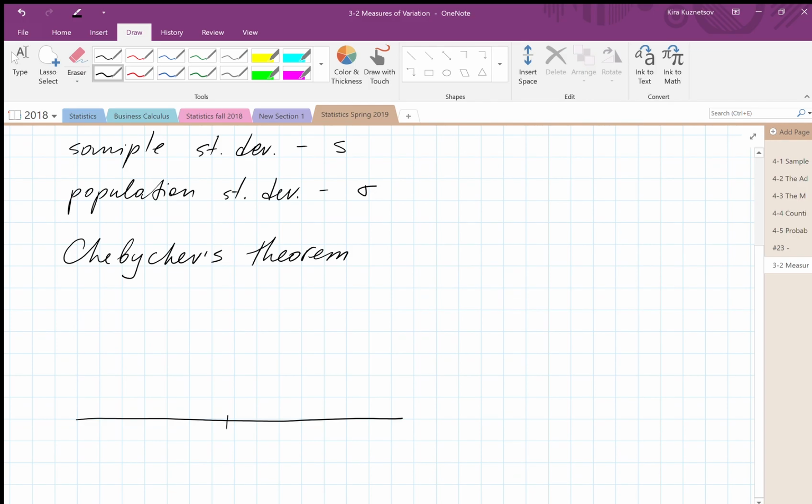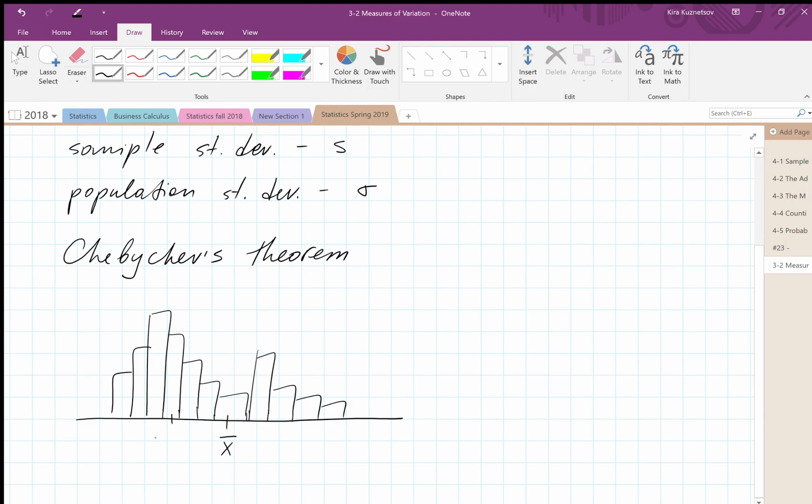This is an x-axis, and I have some kind of a distribution. It really doesn't matter what I draw in here, because the idea of Chebyshev's theorem is you don't need a particular distribution in order to work with the theorem. I will label an x bar, somewhere in the middle. And I need to label the standard deviations, because this is how I'm going to count how data varies.